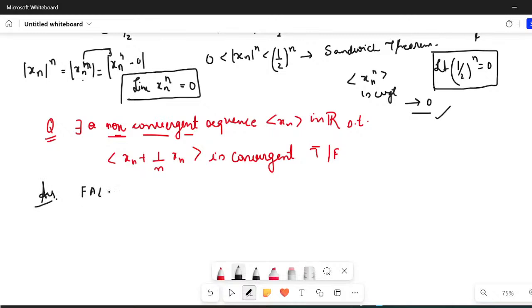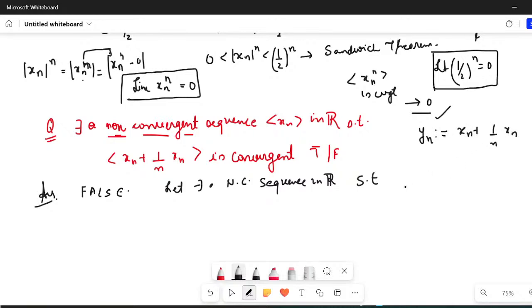Why false? In order to prove it, I will take the statement to be true. So let there exist a non-convergent (NC means non-convergent) sequence xn in R such that, let's say, yn equals xn plus 1 upon n xn, such that yn is convergent.